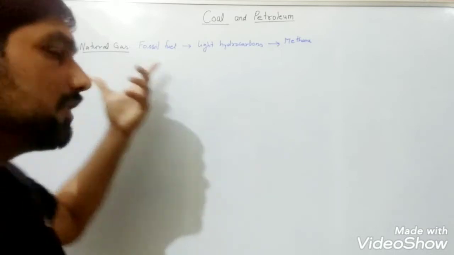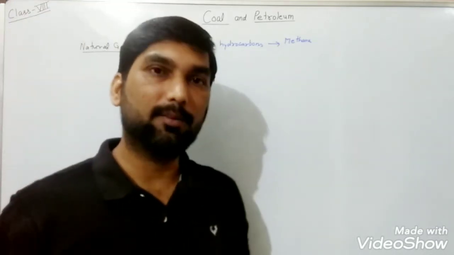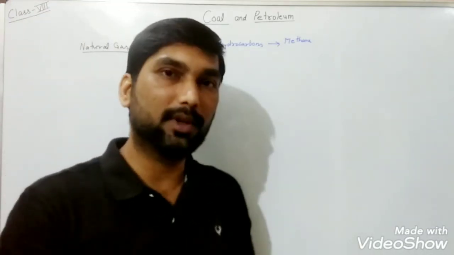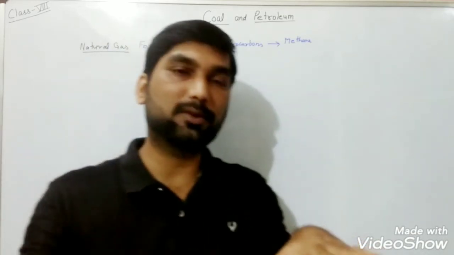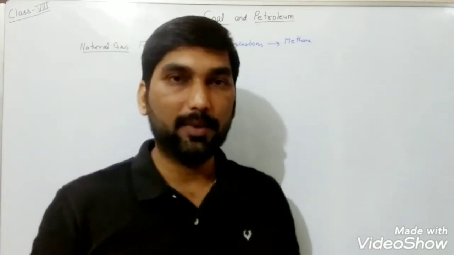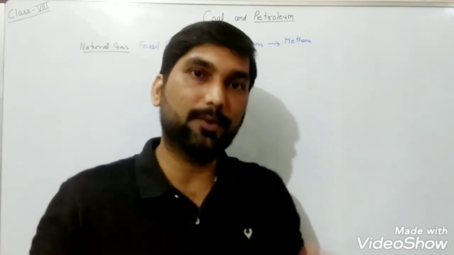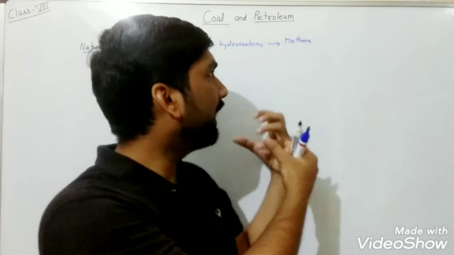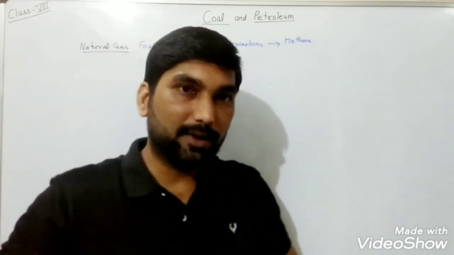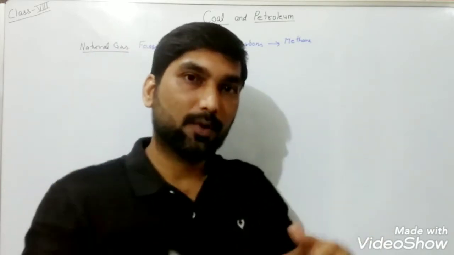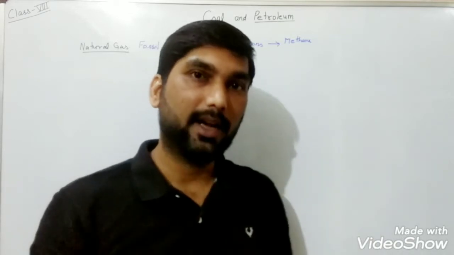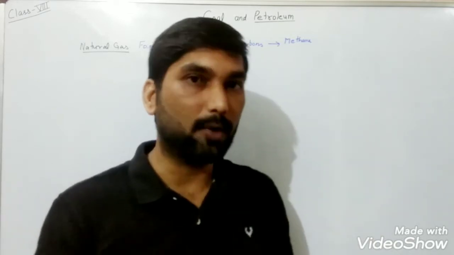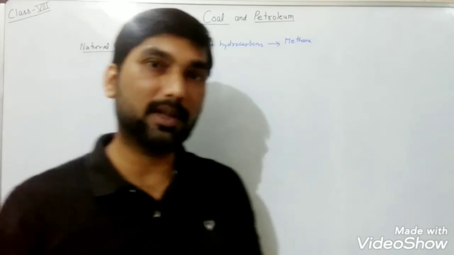So this natural gas many of the time is obtained from above the surface of a petroleum reservoir, because when the petroleum is going to form, some of the volatile gases or the hydrocarbon compounds just come upside over the petroleum surface and they are stored there in the form of gas that is known as natural gas.